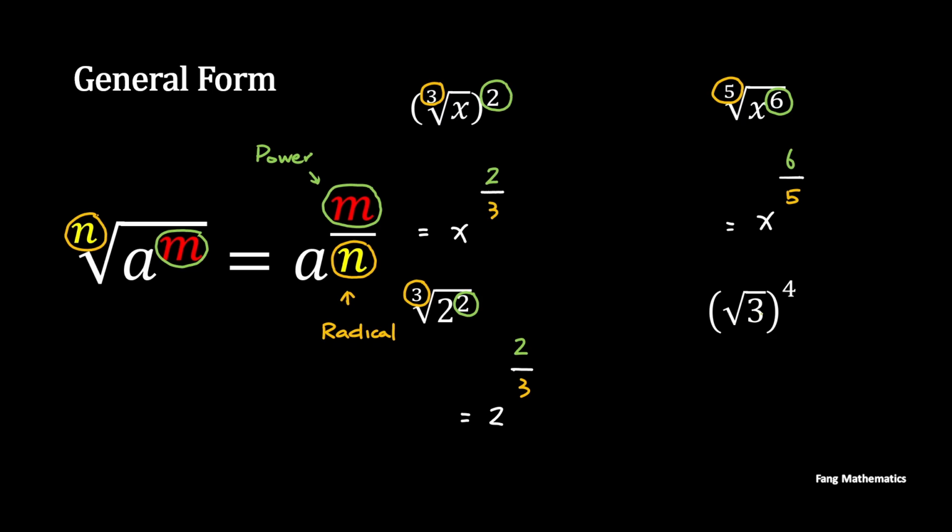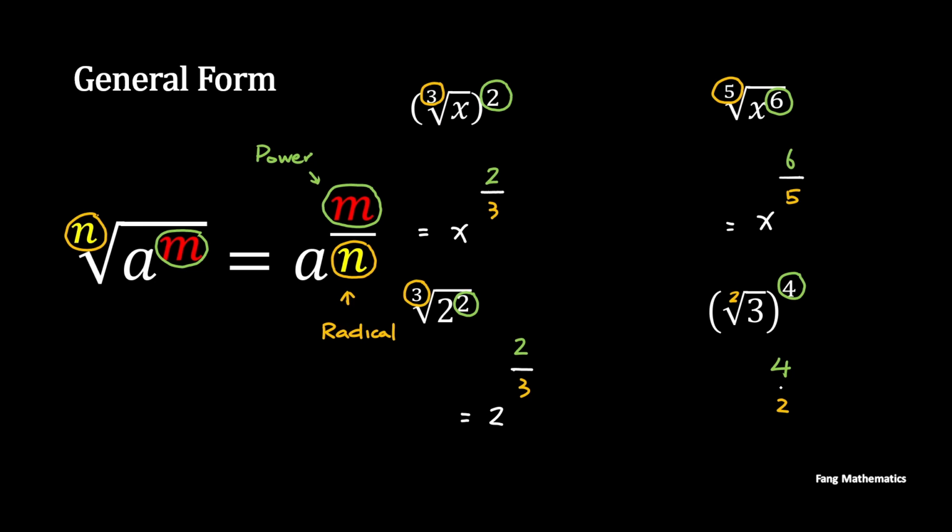So you have square root of 3 to the power of 4. So let's first identify the power. Power is a 4, so 4 on the numerator. And you get this radical, but never specify the order. So we assume it's a square root. So it's a 2, so we put 2 at the denominator.